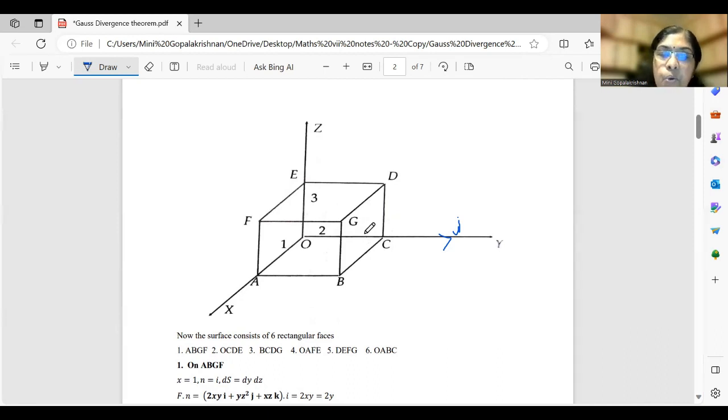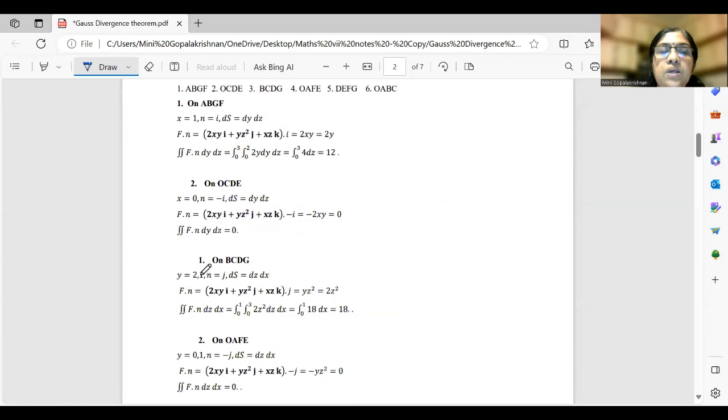Y is equal to 2, so dy will become 0. So your dS becomes only dz dx. n becomes j. For calculating the f dot n value, you will get 2z square. We put the value of dS, which is equal to dz dx. X ranges from 0 to 1, z ranges from 0 to 3, and we calculate, we get the value 18.